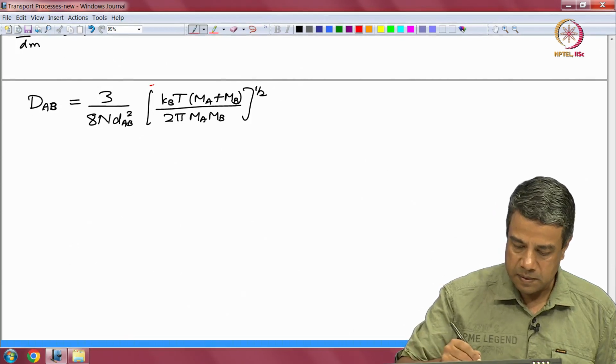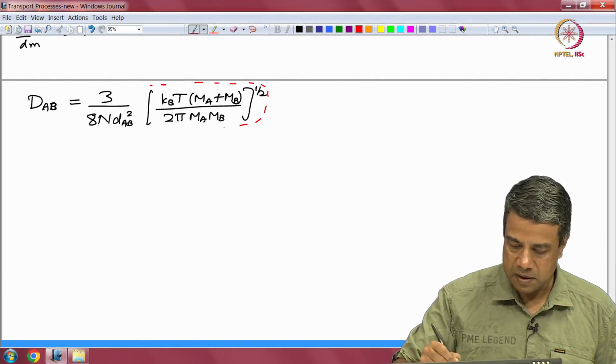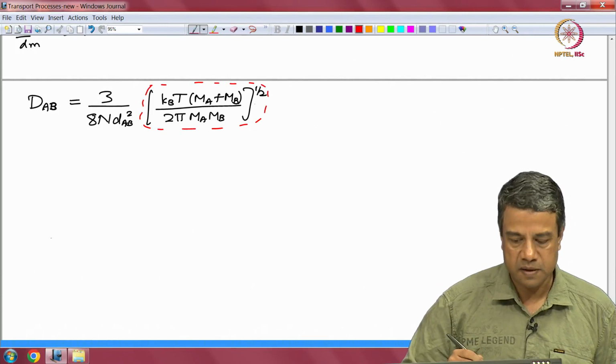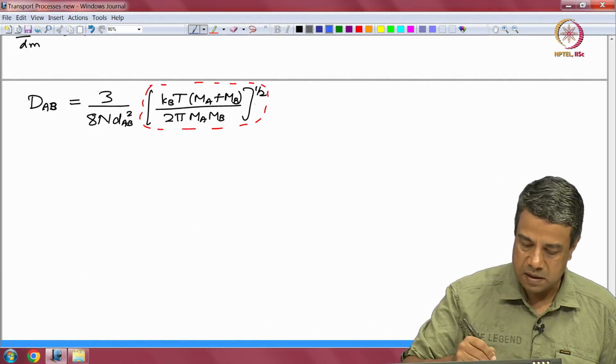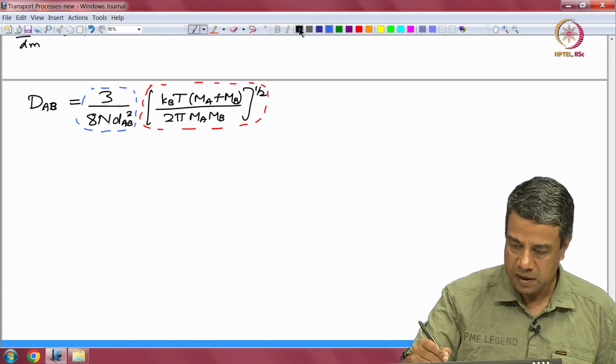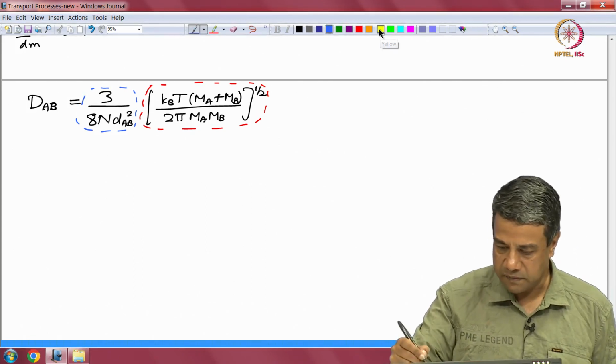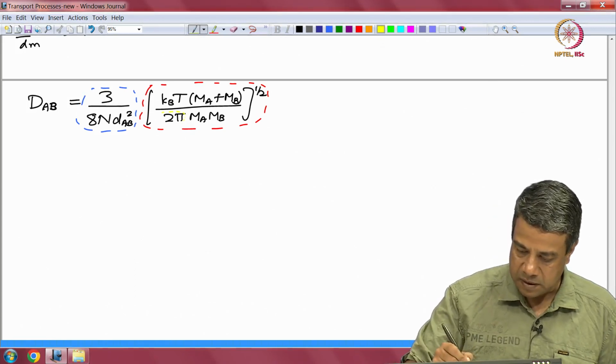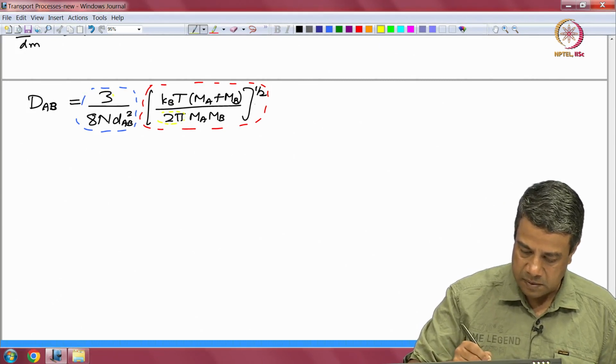Note that this term here has the same dimension as the RMS velocity, and this term here has the same dimension as the mean free path, and the factors that I have here, there is a 2 pi here and there is a 3 by 8 over here.